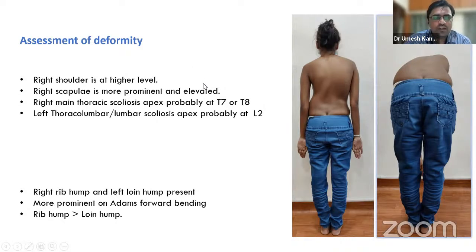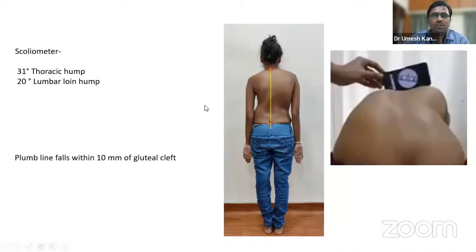Right rib hump and left loin hump present, more prominent on Adams forward bending test. The rib hump is more than the loin hump, sir. On the plumb line scoliometer reading, the thoracic hump is 31 degrees and lumbar.